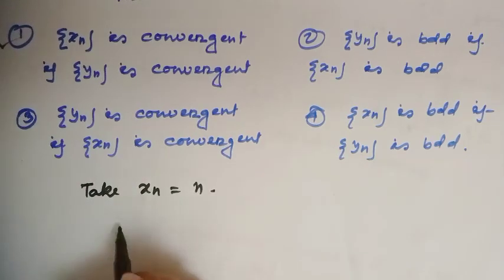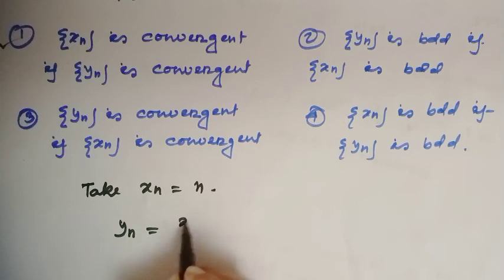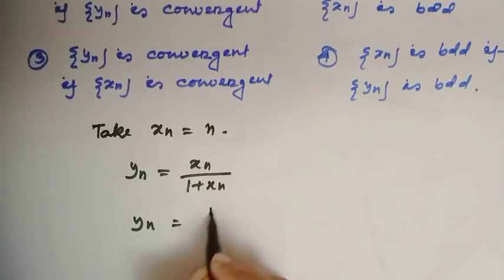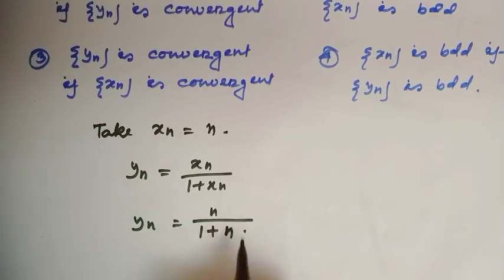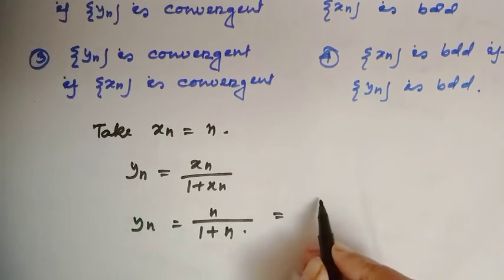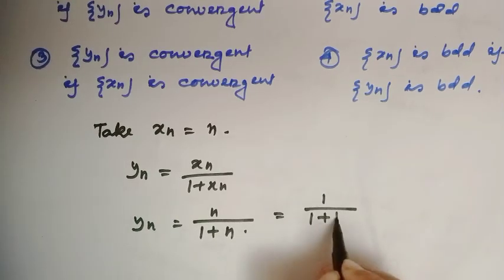Then what will be yn? yn equal to xn over 1 plus xn, so yn equal to n over 1 plus n, which implies 1 over 1 plus 1 over n.